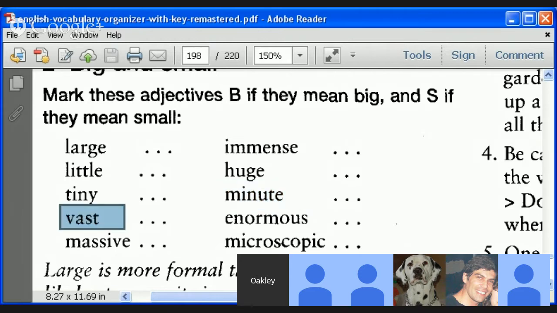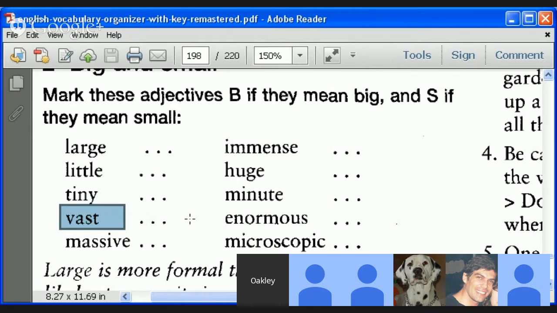Natalia, here's an interesting one. Is vast big or small? 50-50. 50% chance you'll be right. Maybe big?